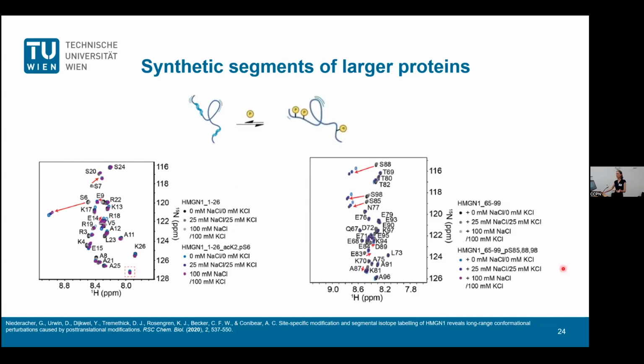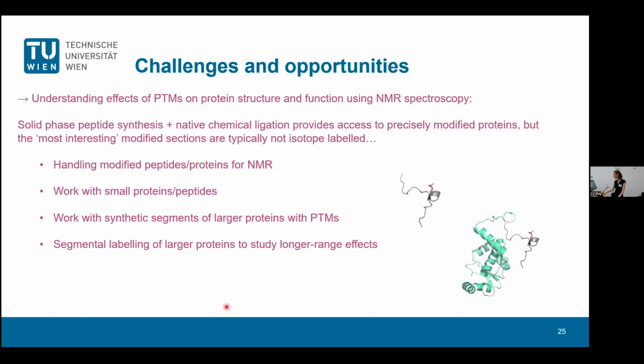Of course, we also looked at the synthetic segments by themselves and could see some of the shifts of the phosphoserines and some neighboring residues there. So now we are looking at bringing those two together, the semi-synthetic and the synthetic parts, and trying to work out what these modifications are doing in terms of interactions with the nucleosome binding domain, and ideally then with the nucleosomes as well.